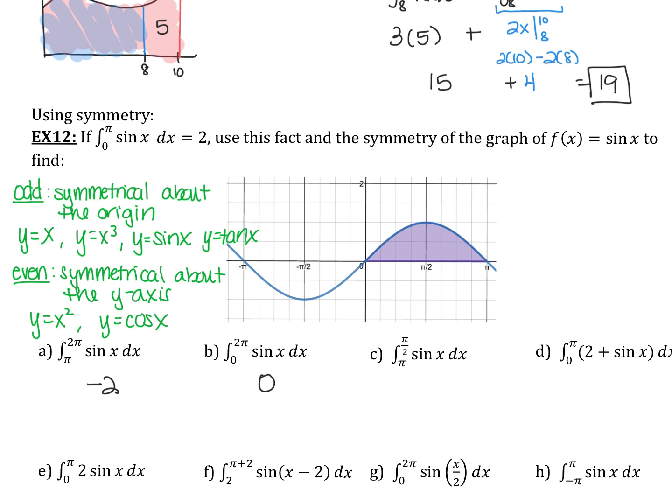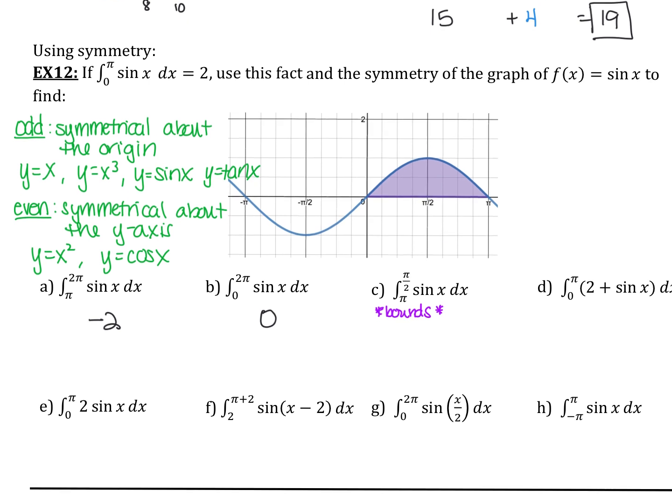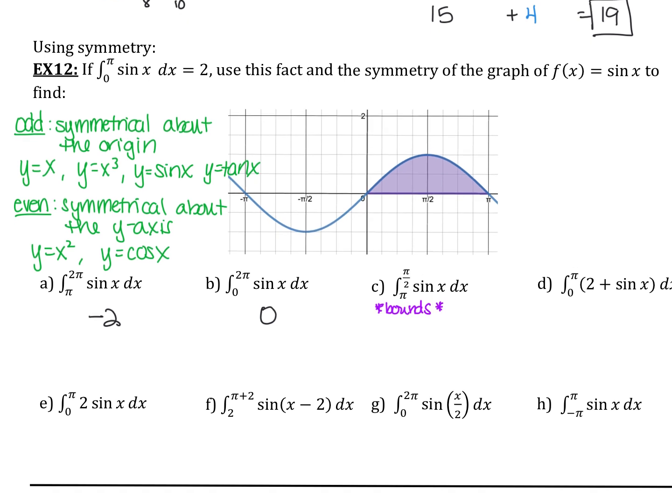Okay, so this next one's a little bit tricky. We're going from pi to pi over 2. And if you go back to your properties, you'll see that this is property number either 2 or 3. And if we look at this, there's a problem here, and the problem comes with my bounds. Do you notice that my bounds are switched? It no longer goes from low to high. It goes from high to low.